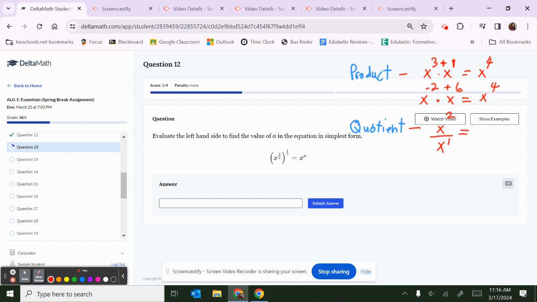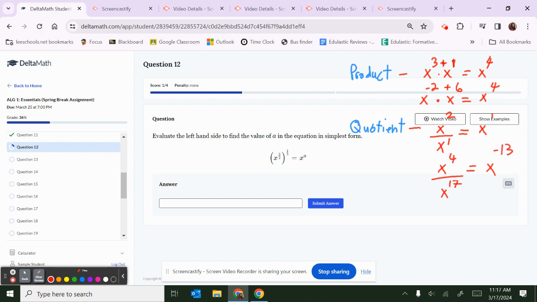So 2 minus 1 leaves you with 1. Similarly, if you had x to the fourth power over x to the 17th power, you would subtract exponents and this would be x to the negative 13.